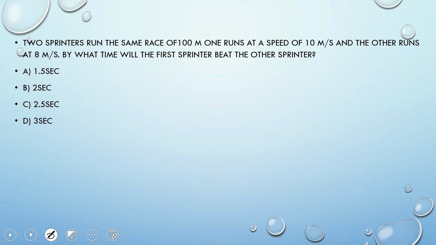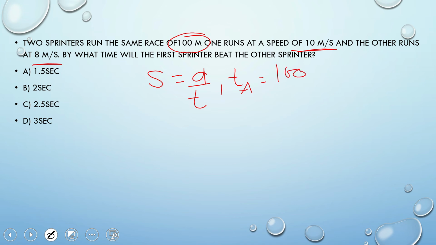Here the distance is 100 meters, or the race is about 100 meters, in which the speed of A is 10 meters per second and the speed of B is 8 meters per second. Here you can use the formula speed equals distance traveled by time taken. Time taken by A is, distance is of course 100 meters and speed of A is 10, so time taken by A is 10 seconds.